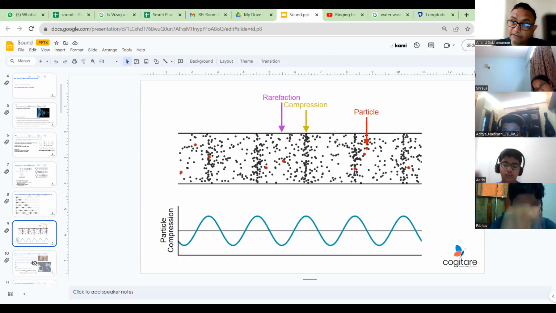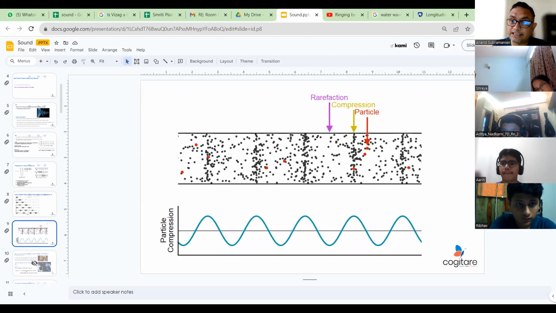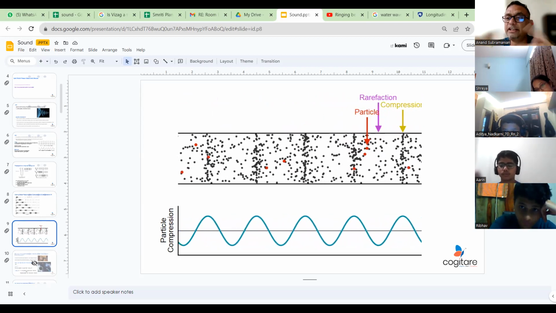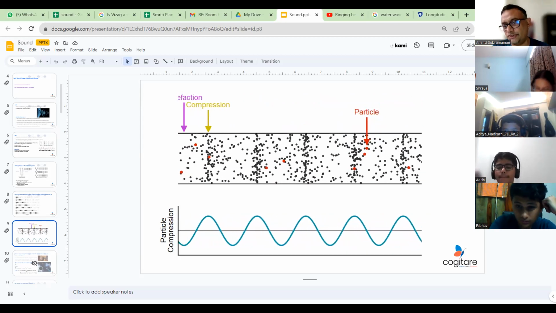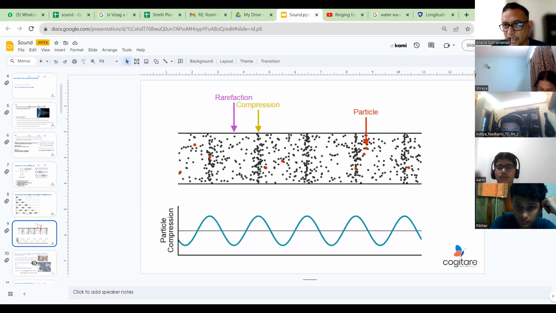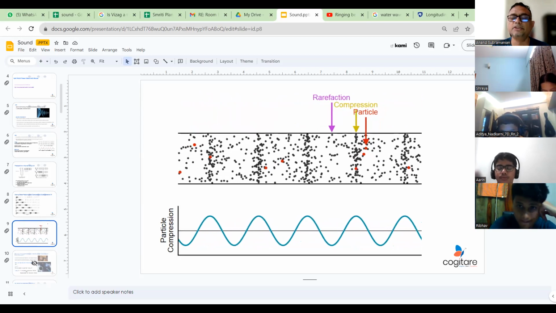But because it is so easy, we are converting the longitudinal wave and visualizing it as a transverse wave. Are you following this? Yes, sir. That is what I'm trying to make clear for you.